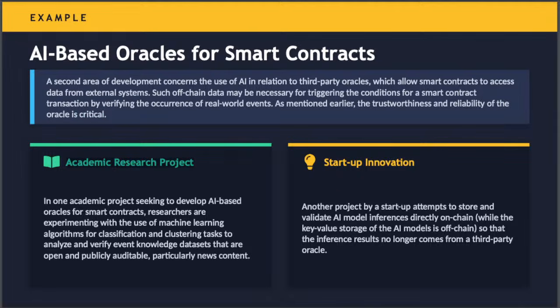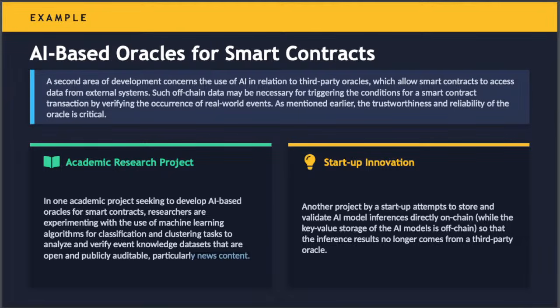Then there's the academic research project here, one academic project seeking to deploy AI-based oracles for smart contracts. Researchers are experimenting with the use of machine learning algorithms for classification and clustering tasks to analyze and verify event knowledge datasets that are open and publicly auditable, particularly news content.